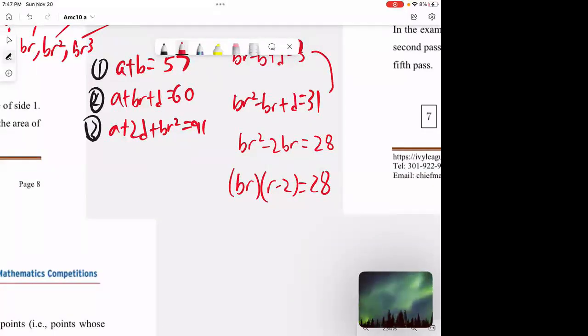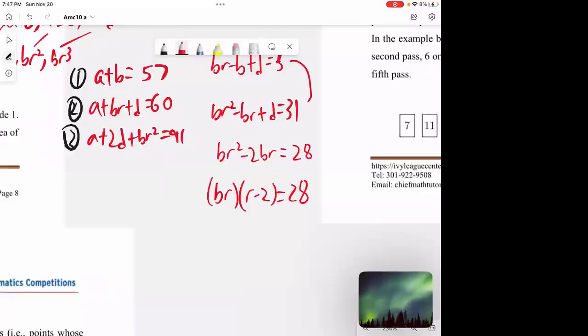So then we can just factor, because we know B and R must both be integers. And 28 is equal to 2 squared times 7, or 4 times 7. So what can B and R be? If B is equal to 4, R minus 2 is equal to 7. That doesn't work, right? Because then R has to be equal to 9, and 9 times nothing is equal to 4.